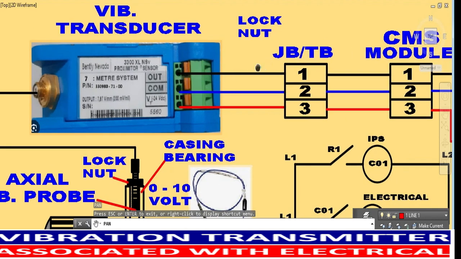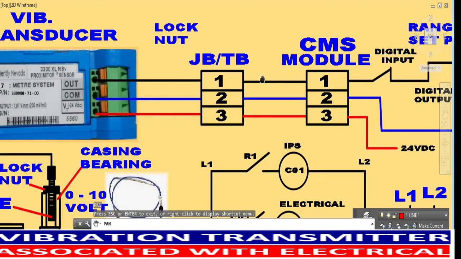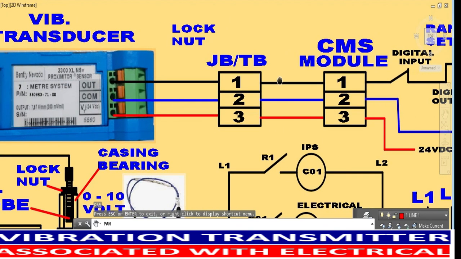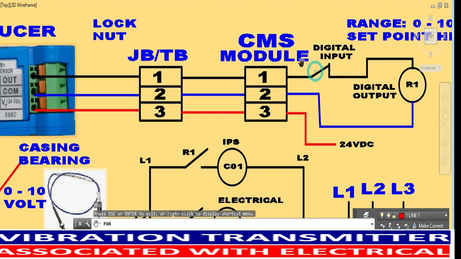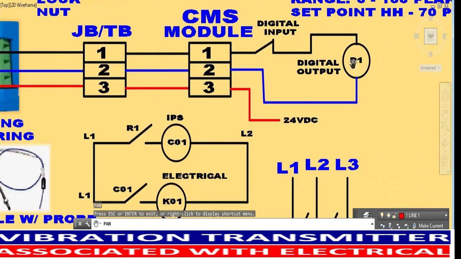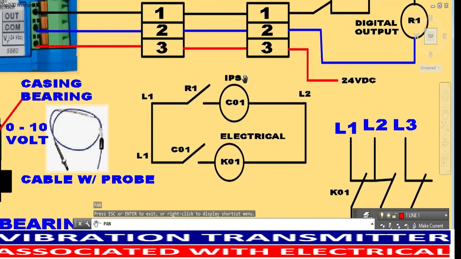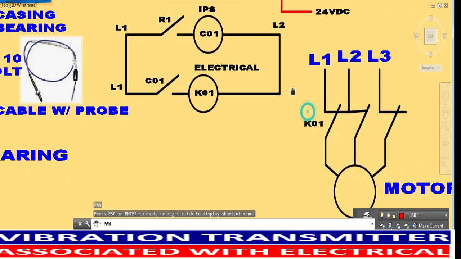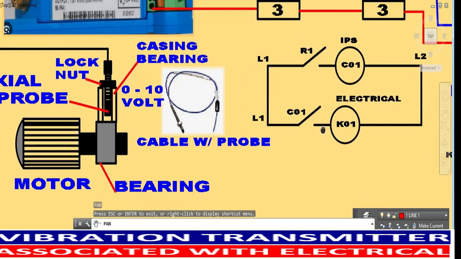And this out is the signal from the vibration transducer sending to the CMS system. And this is the R1, which is part of the digital output of the CMS. And this is the control diagram of the electrical, and this is the power diagram of the electrical.